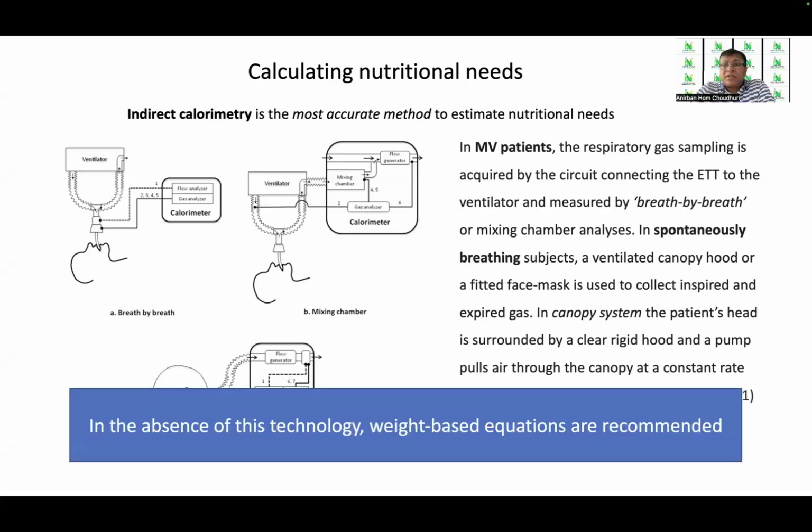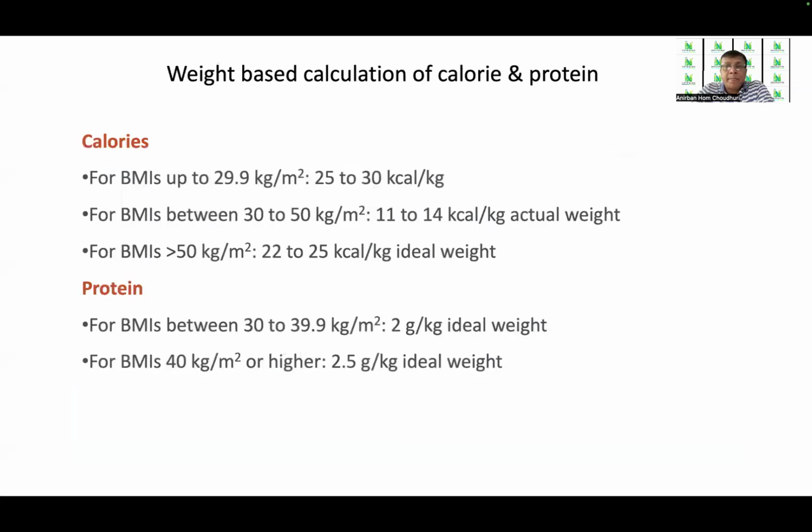So in the absence of this technology, when neither direct nor indirect calorimetry is available, weight-based equations are recommended. And that is the one which is most commonly used in the majority of the ICUs.